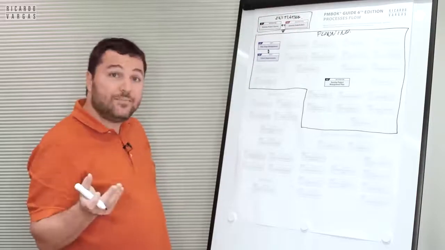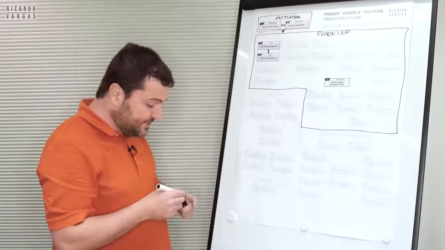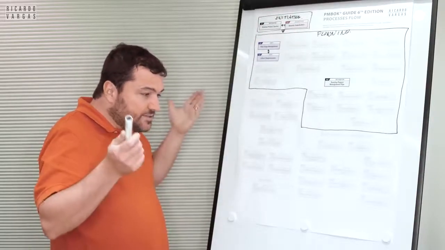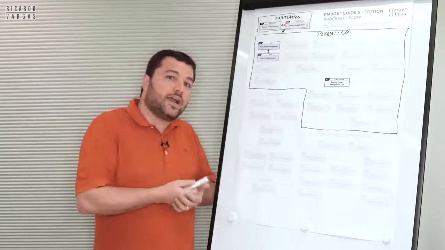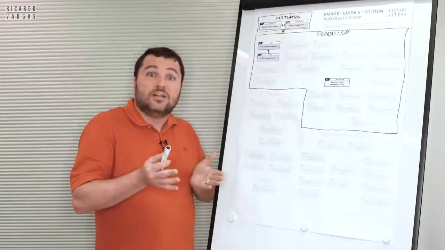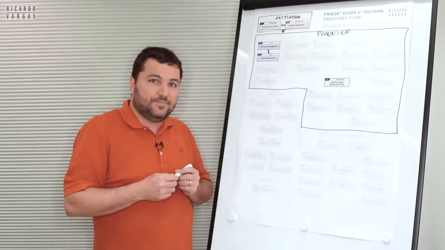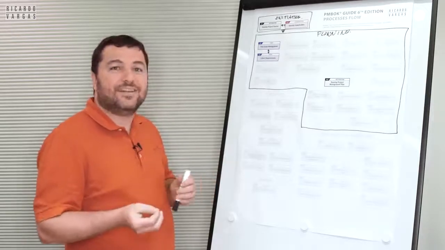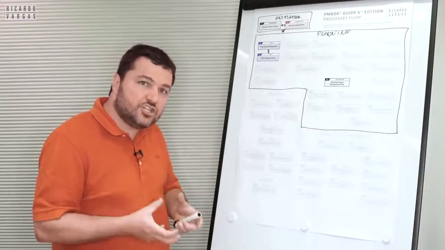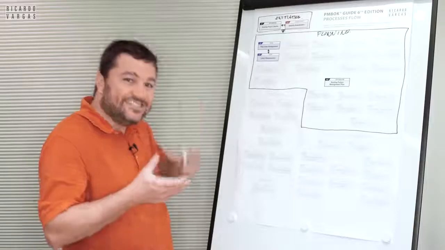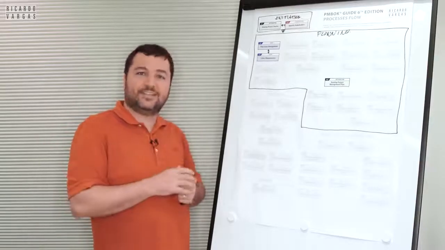For example, the requirements can be functional requirements. For example, I want an electric door in my car. This is a functional requirement. What is a technical requirement? It's what is the size and the characteristics of this engine to support that door opening automatically.